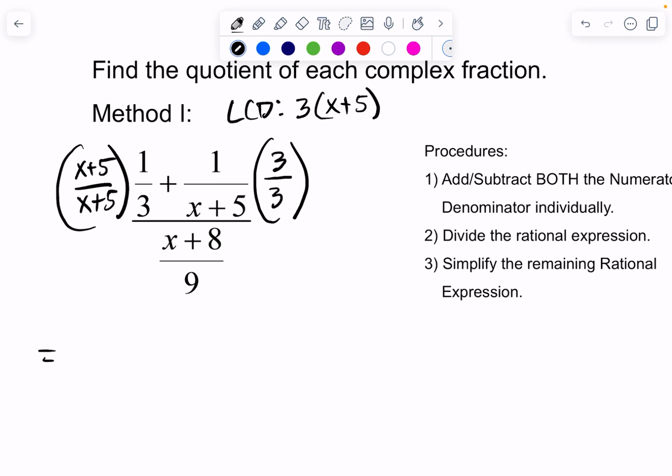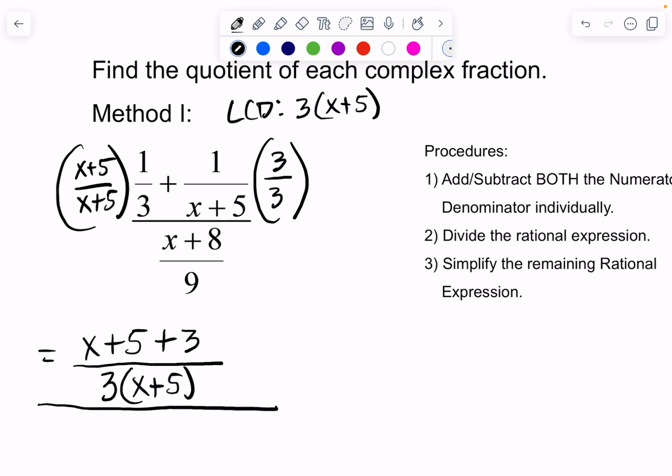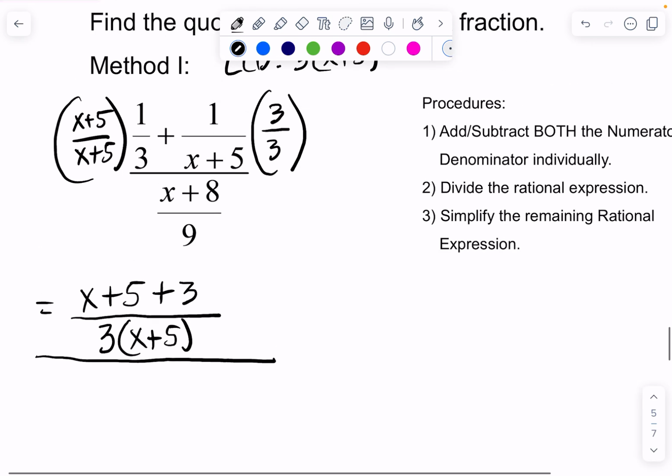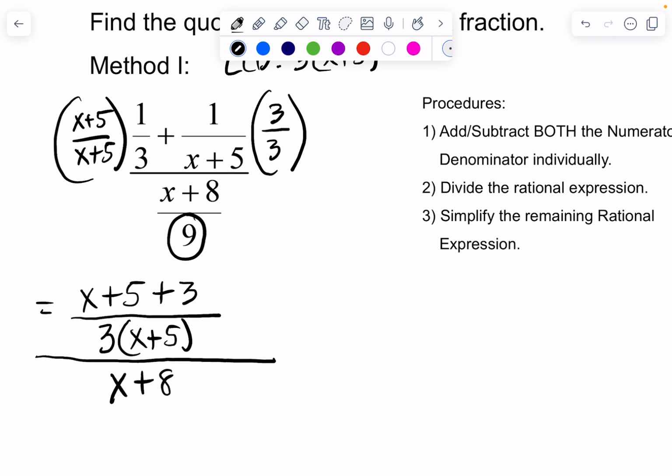And that's going to give me x plus 5 plus 3 over the common denominator of 3 times x plus 5. Divided by, I don't have to multiply anything, actually, because I already have a denominator of 9. So I'm going to go ahead and place that denominator down here, x plus 8 over 9.